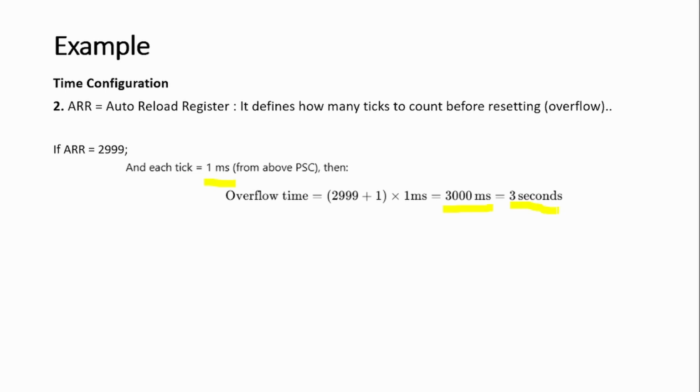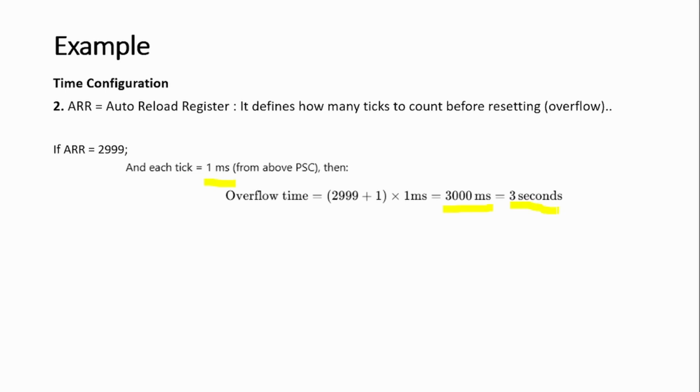Now if you enable the interrupt, after 3 seconds your timer will trigger the interrupt, right? And using the interrupt subroutine, which we already discussed in our previous video, you can execute certain functions. For this video we will simply turn on the LED.